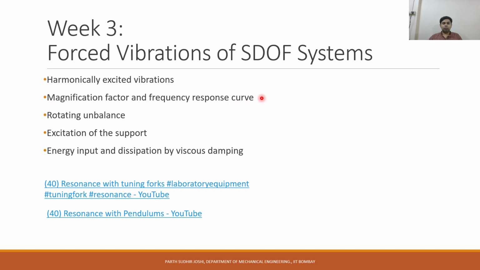Basically, if we have a harmonic force and we want to see the effect of its frequency on the response of the system, magnification factor is an important tool, which talks about the extent of the steady state response with respect to the static deflection of the system.